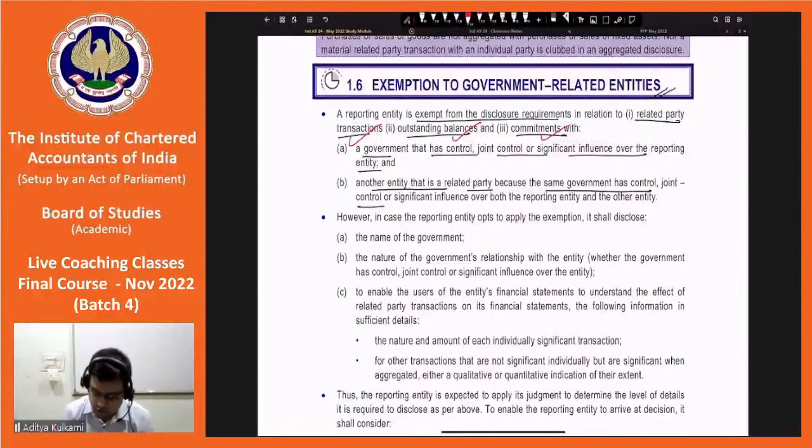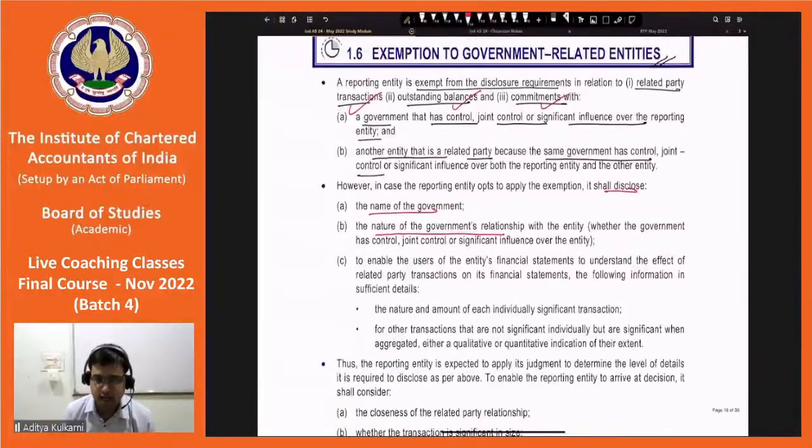But what you have to disclose is who is the government that is controlling. You will disclose the nature of the relationship. Is it control, joint control or significant influence? And to enable the users to understand the related party, you can disclose the following information: nature and amount of each significant transaction.